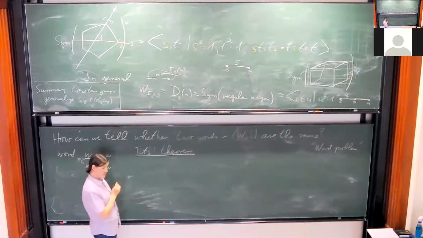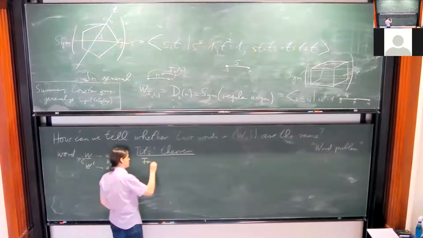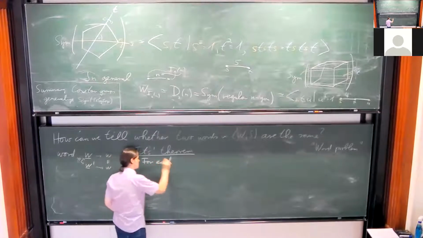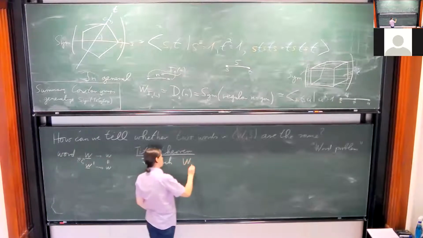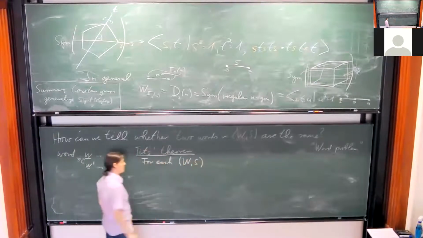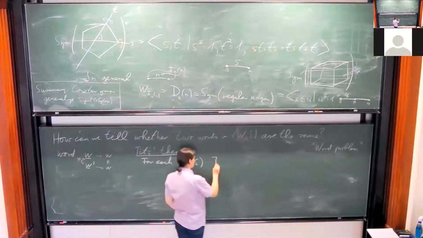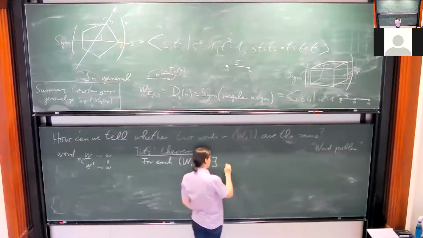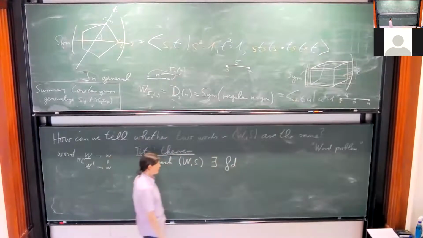In other words, for each Coxeter group (W, S), there exists a finite dimensional real vector space.